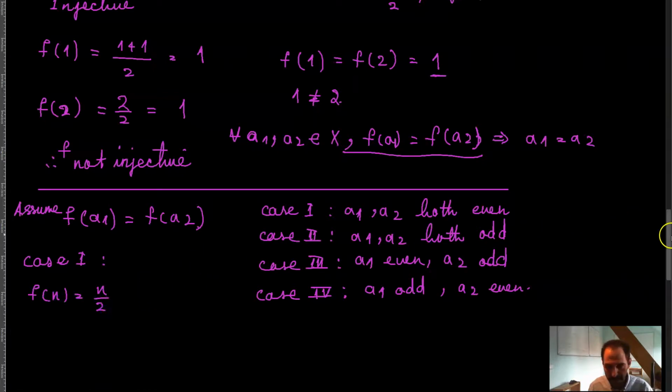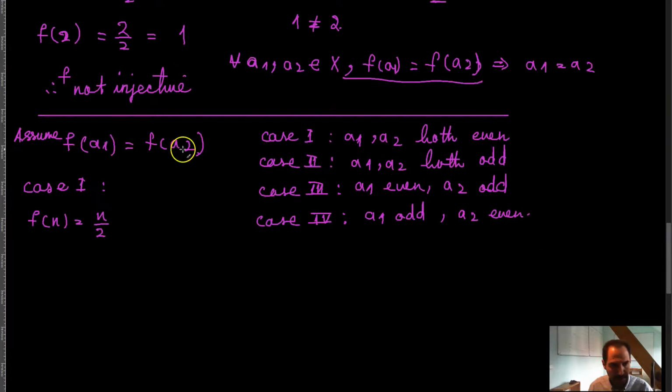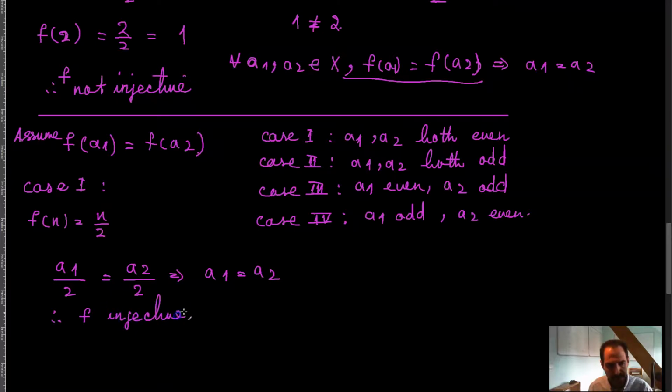And so then you can say that f of a1 and f of a2 would be a1 divided by 2 is equal to a2 divided by 2, which means that a1 is equal to a2, which means that f is injective.